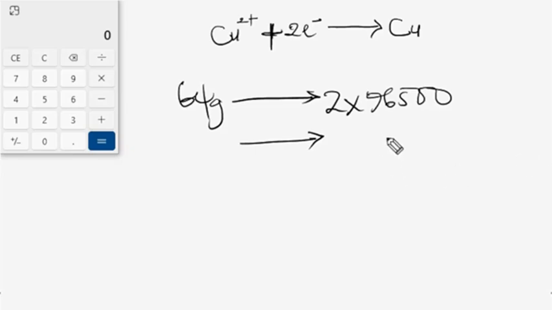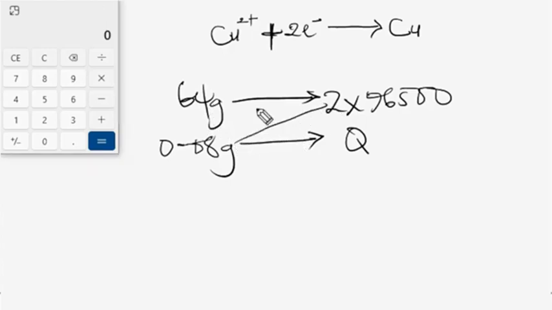So what will be the charge here? 0.08 grams. So guys, remember to always put the units at the side where they correspond. So this is 64 grams corresponding with the unit here, 0.08 grams of copper. So what is it going to yield? That will be our charge here. So guys, let's go ahead and do this together.